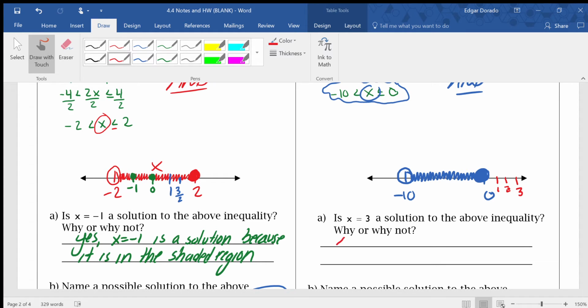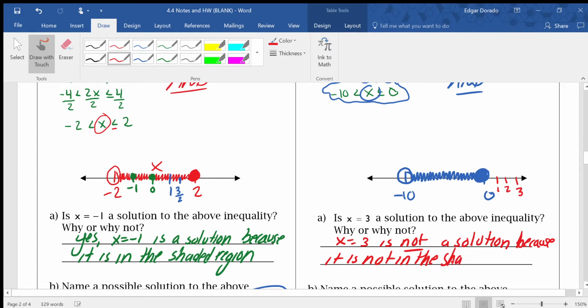So we would say x equals 3 is not a solution because it is not in the shaded region. So it's not a solution because it is not in the shaded region.